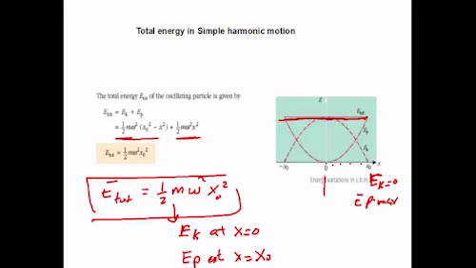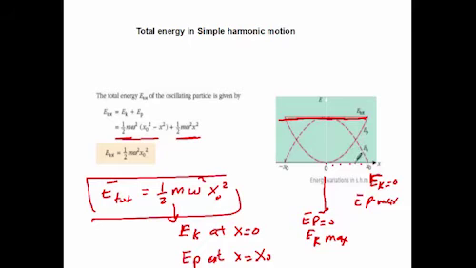When we come here, our potential energy equal to 0, but our kinetic energy is maximum, which is again equal to half m omega square x naught square. So the sum of them will give us the total energy. And it is the same at any point.